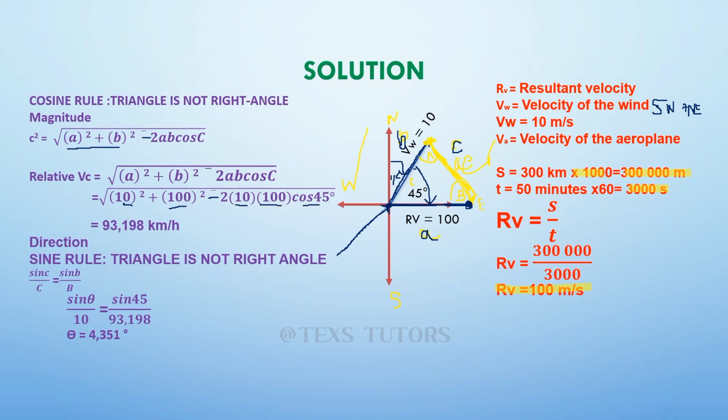Directly across C, I have this angle as 45 degrees. When I punch this into my calculator, I get 93.198 kilometers per hour. Okay, that only helps me to find the magnitude.